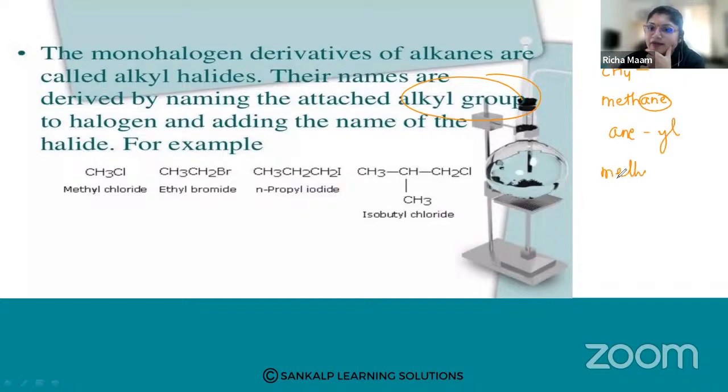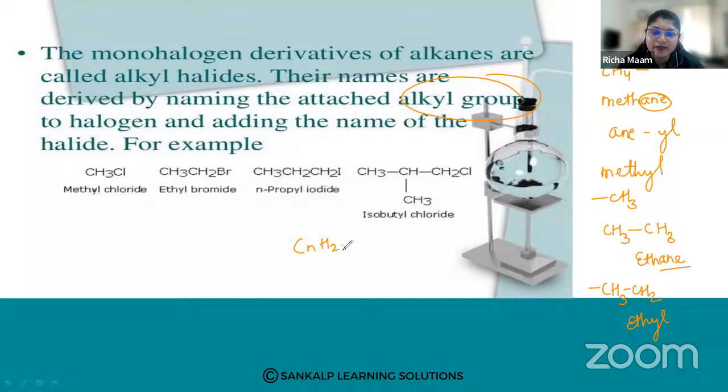So it will be methyl, CH3. Same with ethane: when you remove ane and one of the hydrogens, this results in CH3CH2, which is the ethyl group.